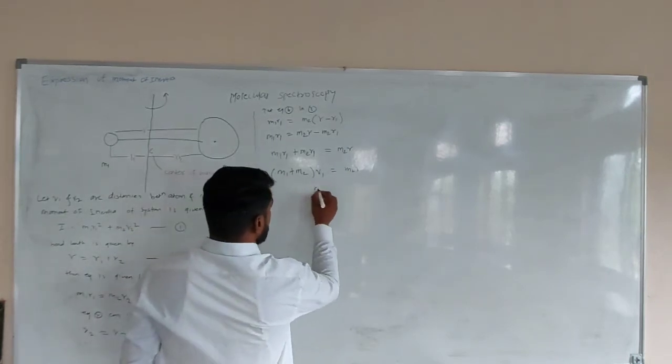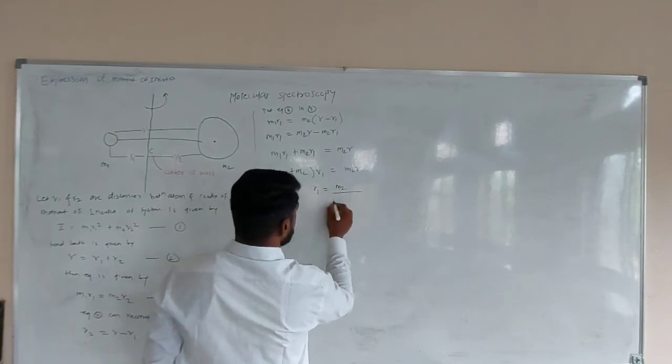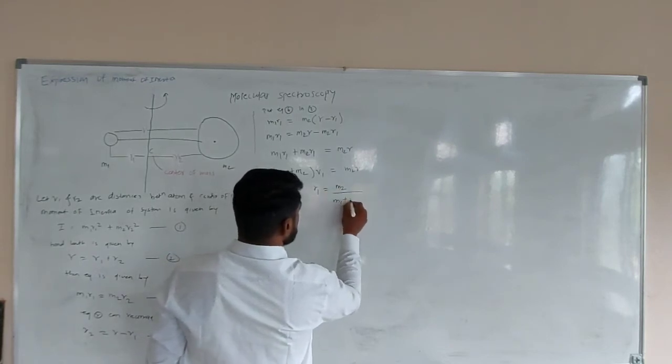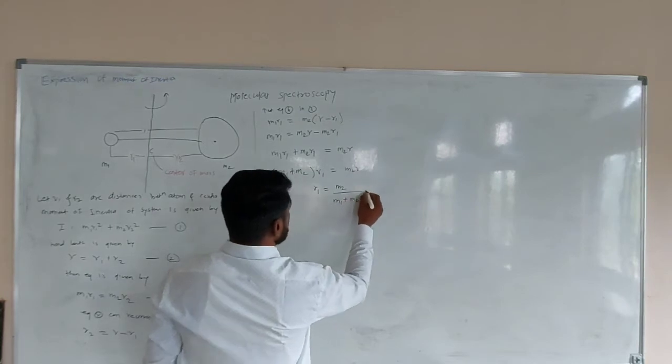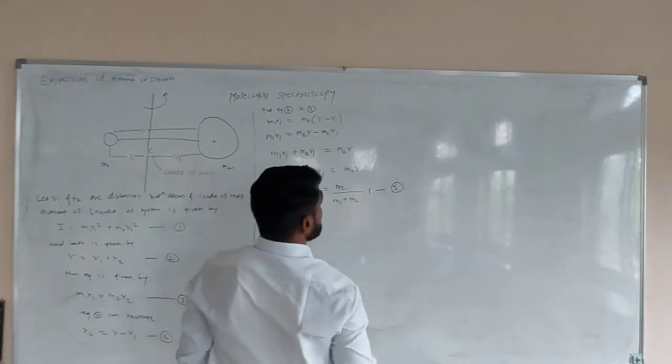Now r1 is equal to m2 divided by (m1 plus m2) into R. This is equation number 5.